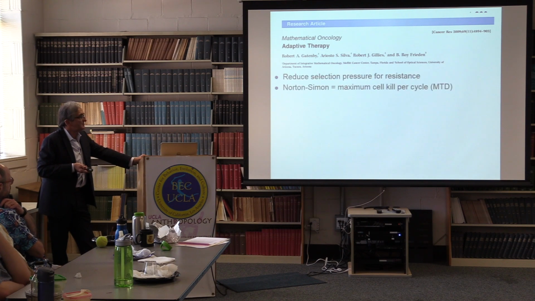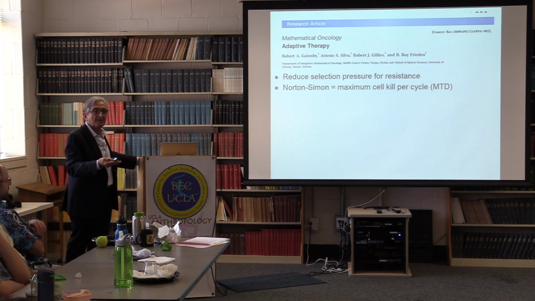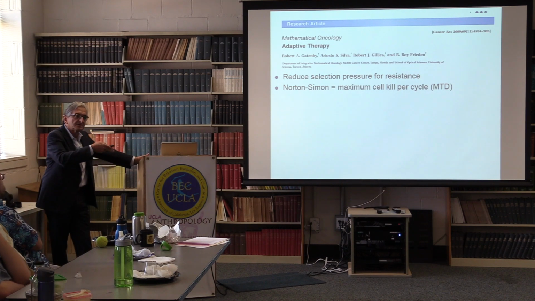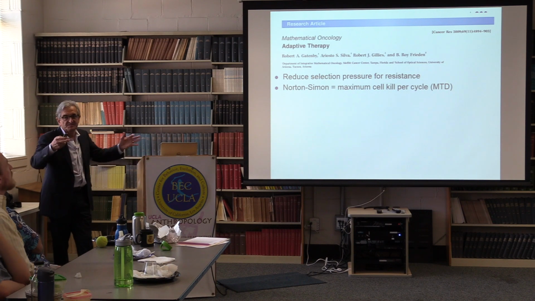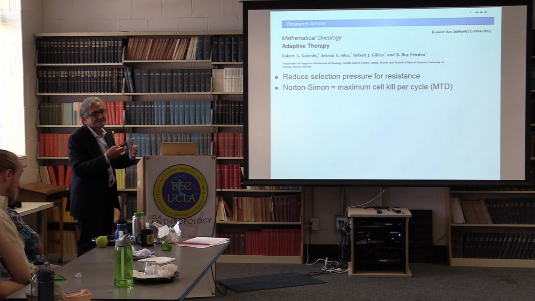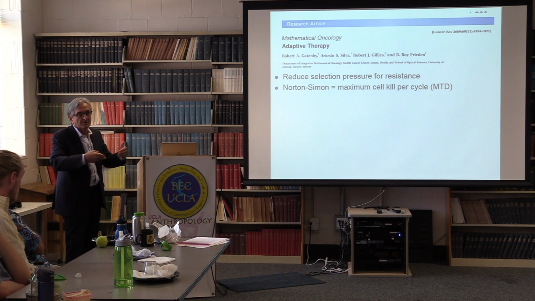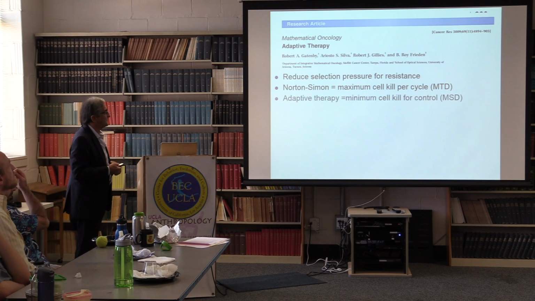To reduce selection pressure for resistance, instead of using the old mathematical model, let's try to give the maximum amount of drug that stops short of killing the host, but kills as many cells as possible. Makes us feel better to see the tumor shrink away to nothing on a scan, even though we know that there are microscopic cells that are more resistant than before.